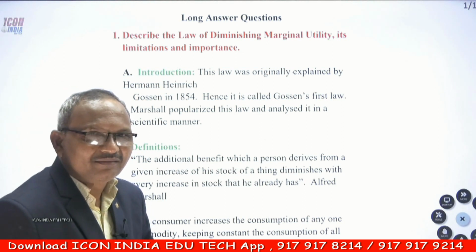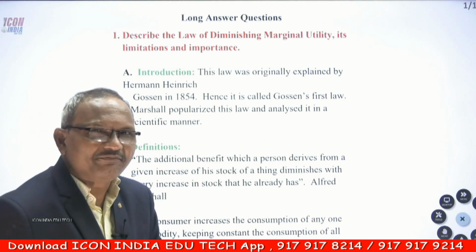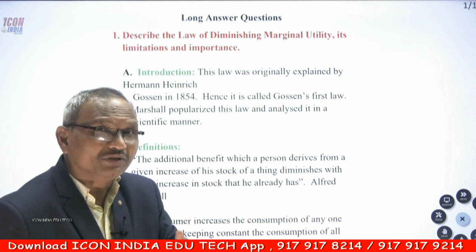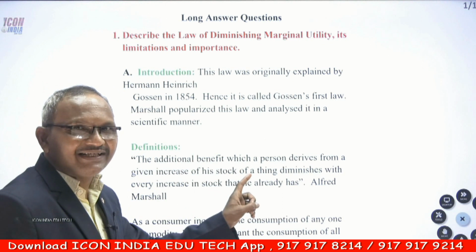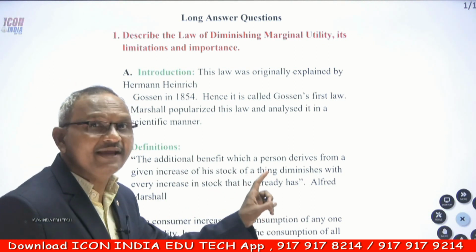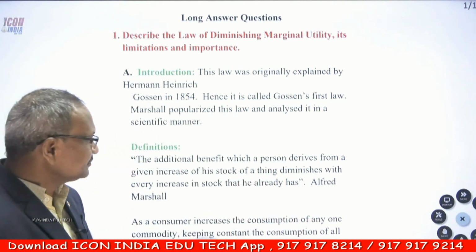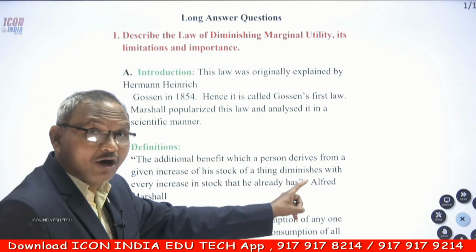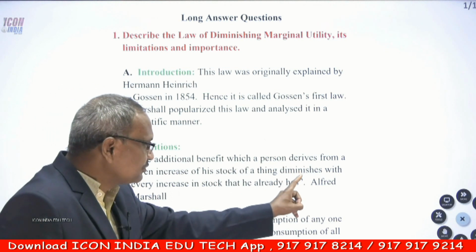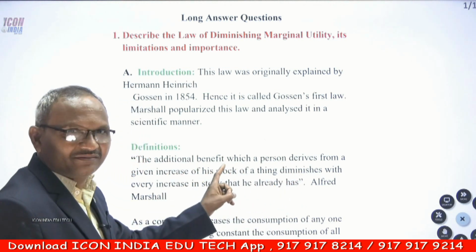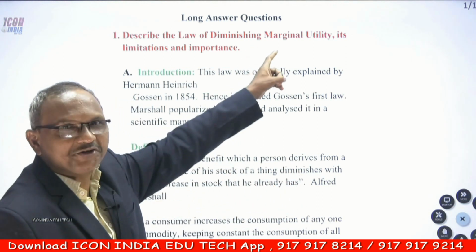When the additional stock of consumption of a good increases, marginal utility continuously falls. Diminishes means what? Falls, or continuously falling. Which is continuously falling? Additional benefit. Additional benefit means marginal utility.